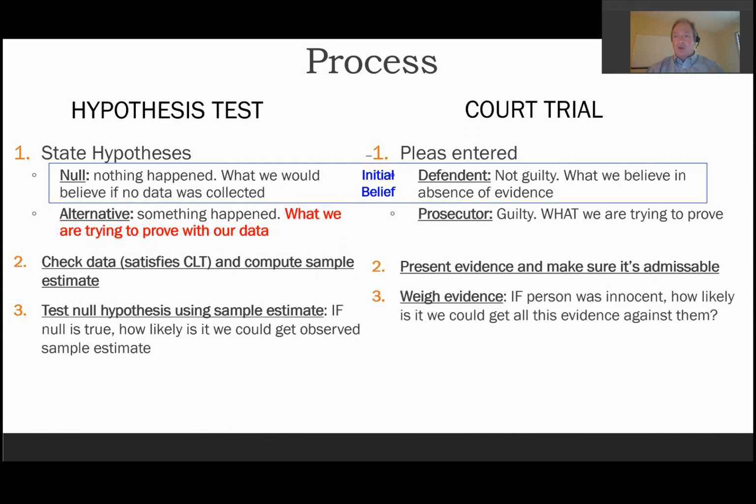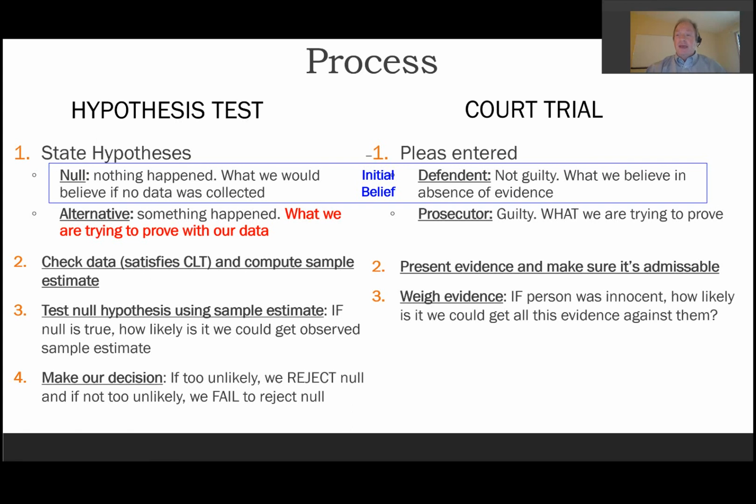In a court of law, even though it's not quite as quantitative as in a statistical hypothesis test, they're going through the same mental calculus, right? As the prosecutor keeps presenting more and more evidence, the jurors are doing this mental calculation, and they're asking, if a person really was innocent, how likely is it they could have all this evidence against them? They're doing this kind of weighing process, right?